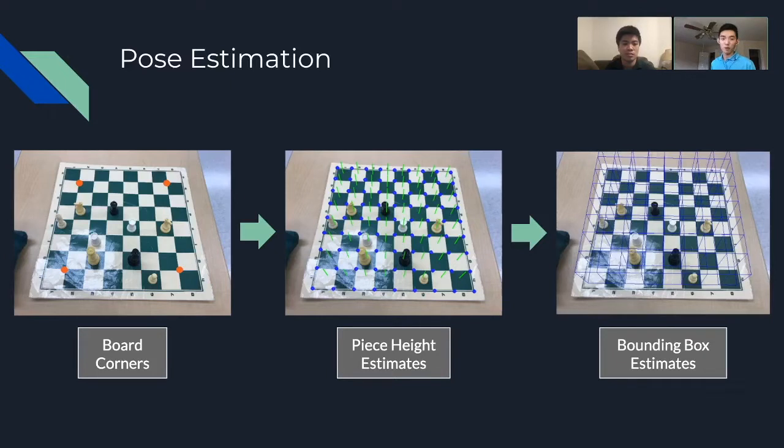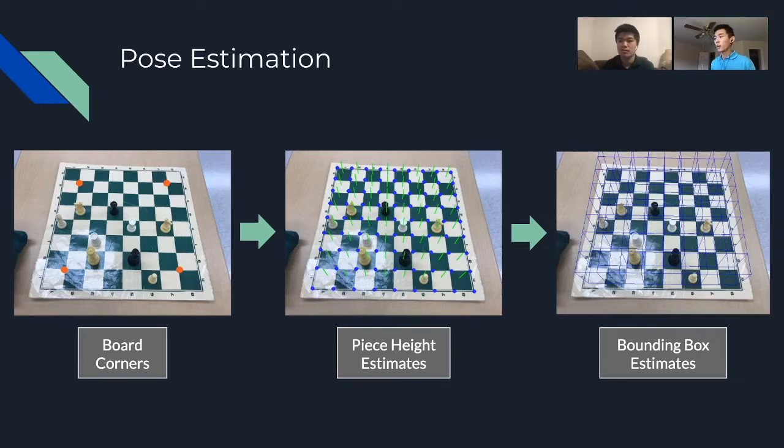And so from the 4 board corners alone, we can identify an approximate position for the entire 9x9 grid of points that the chessboard creates with its intersections. Also, from this, we can project upwards in the z-axis. And so from a flat 9x9 grid of points, we can also project upwards and to the center of each of those squares, as shown by the little vertical green lines in the middle image.